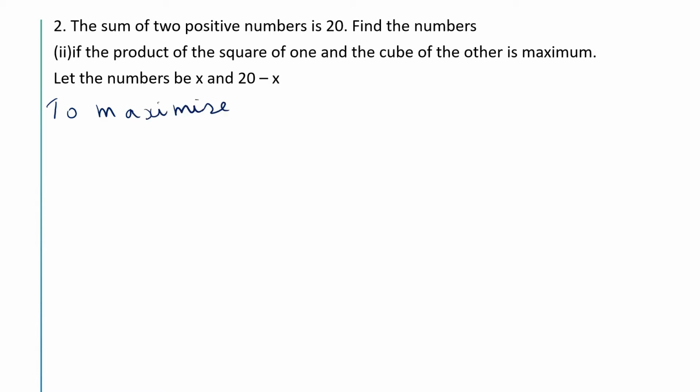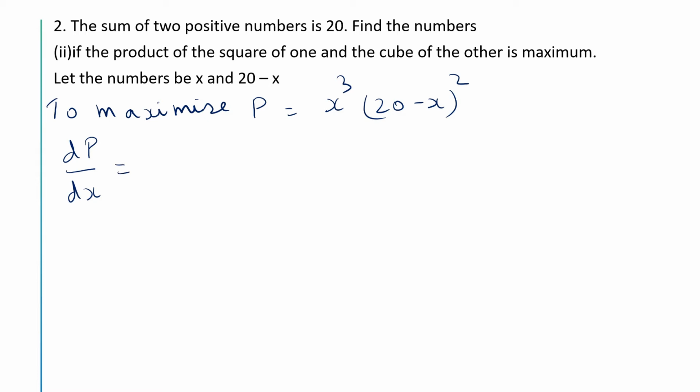So to maximize, P is equal to x cube into 20 minus x the whole square. Now again we have to find the turning points by equating dP by dx to 0 and then find d square P by dx square at those points.